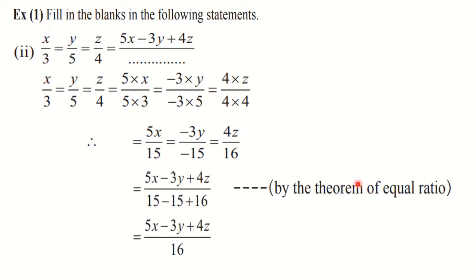By the theorem on equal ratios, we are adding all the numerators and all the denominators, and this new ratio is the same as each ratio which is given originally. Okay. And finally, here in the denominator, 15 minus 15 is 0, or cancelled. So you got 16. Okay, so this way you are going to get the answer here.